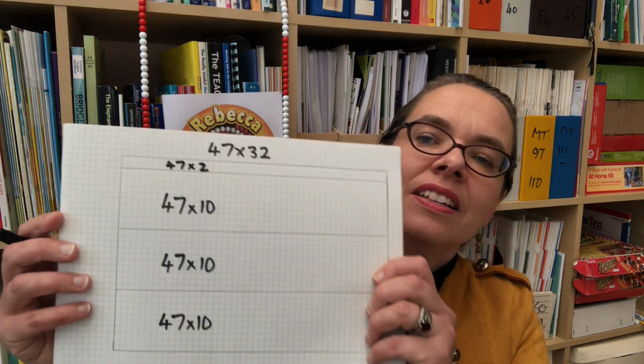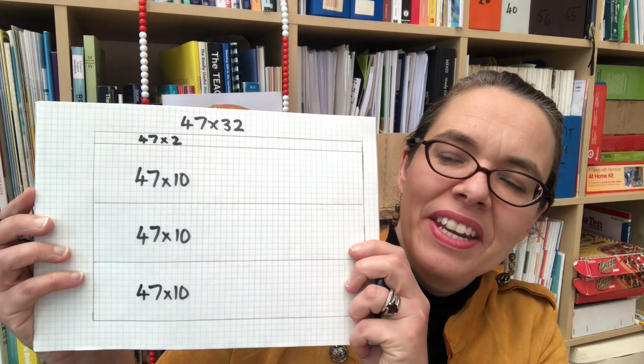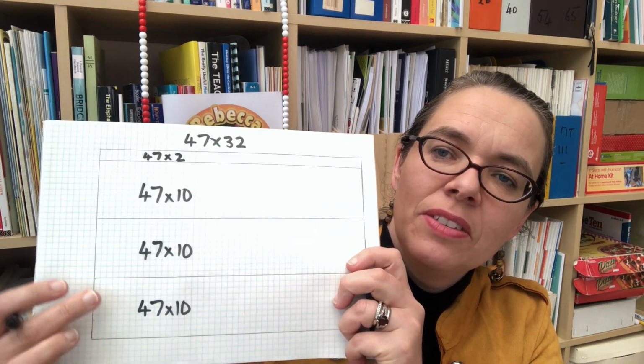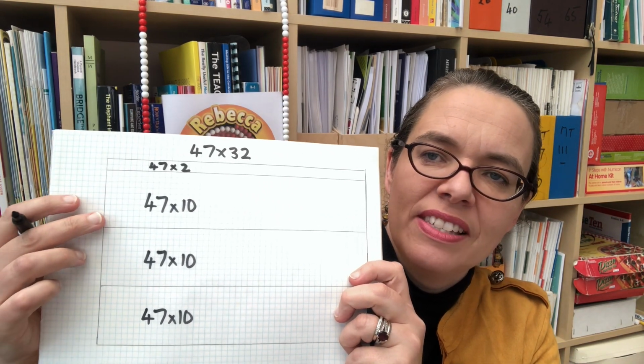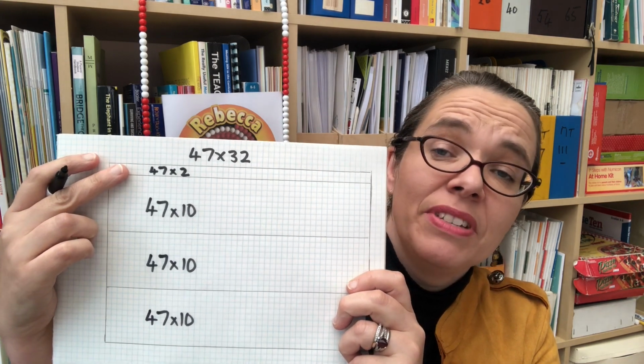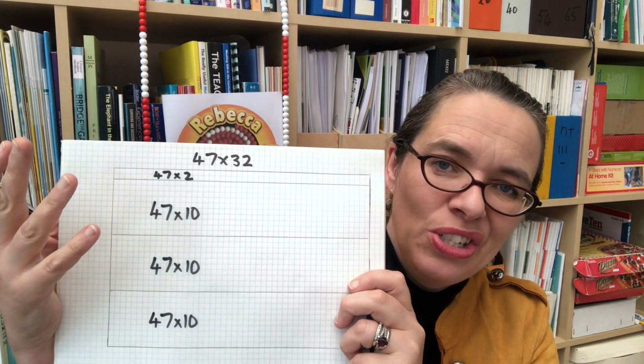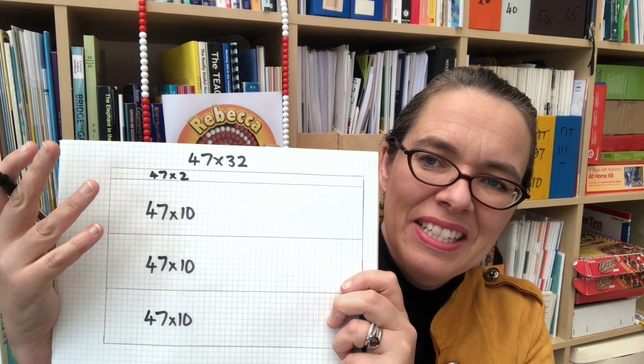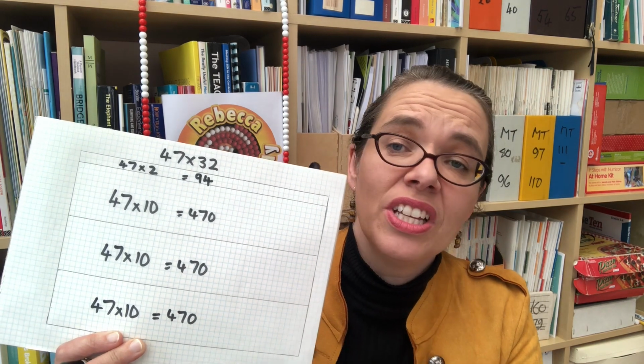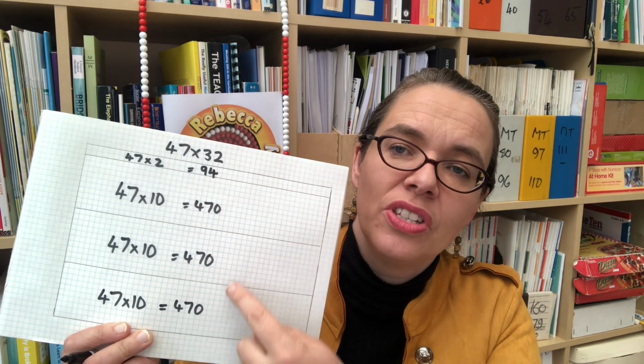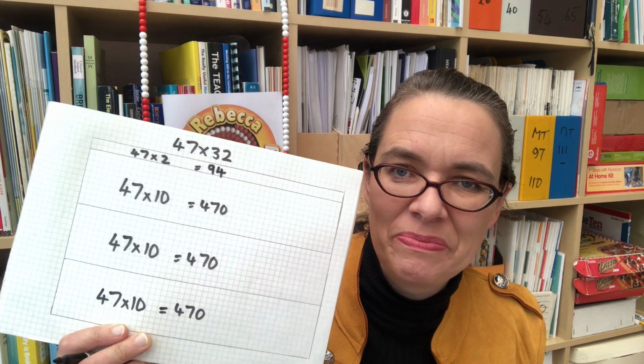I'll just do that now. And that's what it looks like when it's done. Each of these are easy, they're just 470. 47 times 2, we could use short multiplication or we could just double it. So the answer, children can clearly see, is going to be the total of these 4 numbers.